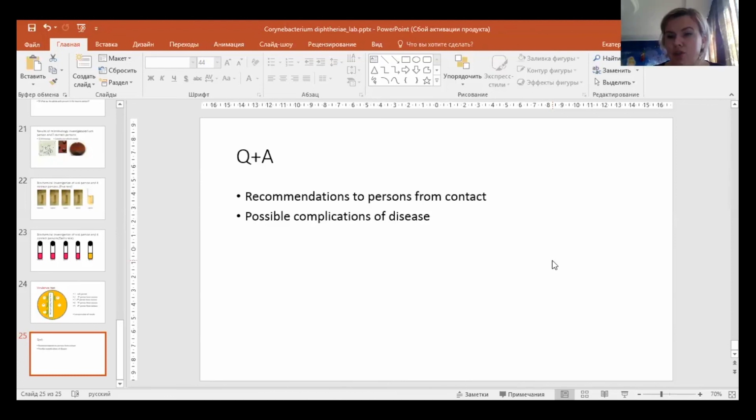And of course, you should prepare emergency vaccination against diphtheria. Okay, next, possible complications of the disease. What should we be afraid of? First one is blocking of airways. What's the complication of this disease?